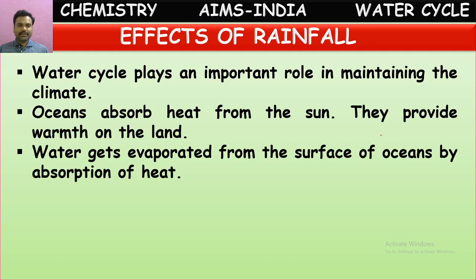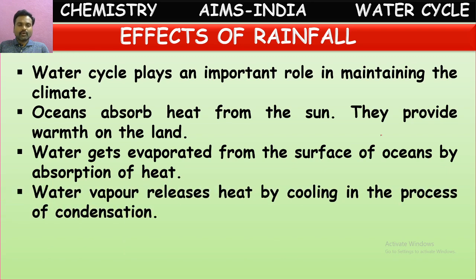Water gets evaporated from the surface of oceans by absorption of heat. Yes, we know this. Water evaporates by the heat. Water vapor releases heat by cooling in the process of condensation. Yes, while condensing, this water vapor releases heat.